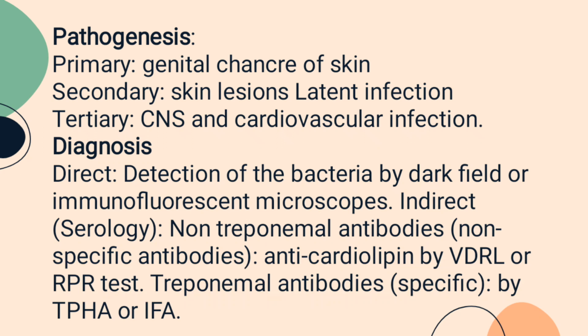For indirect, serology: non-treponemal antibodies, non-specific antibodies, anticardiolipin with the VDRL or RPR test. Treponemal antibodies are specific, by TPHA or IFA.